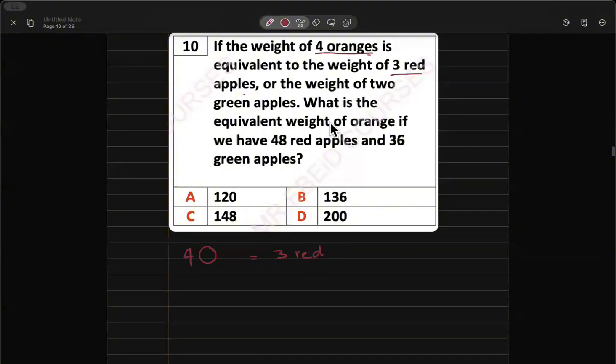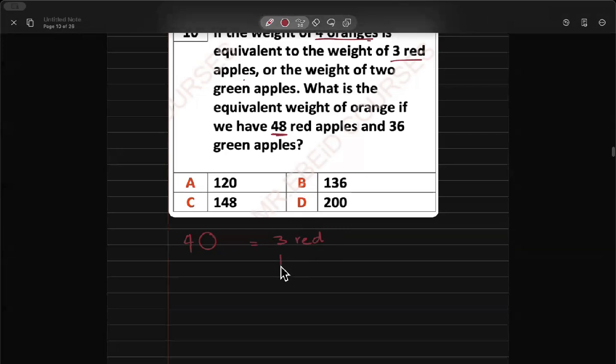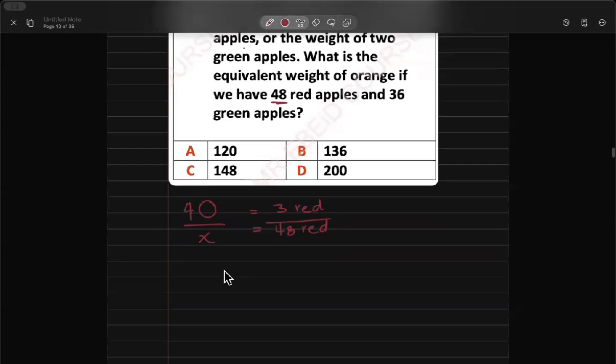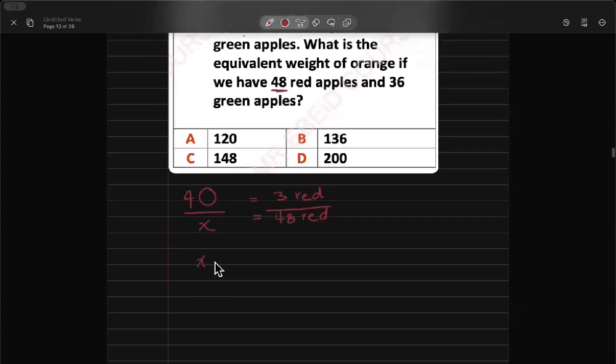Okay, and we want to find if we have 48 red apples. So this is 48 red apples. This is direct proportion. So x equals cross multiplication, 4 times 48 over 3. 48 divided by 3: 4 divided by 3 is 1, and the remainder is 1.